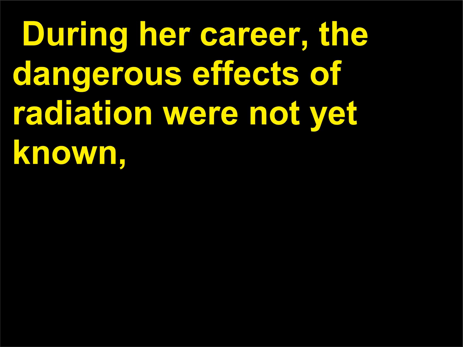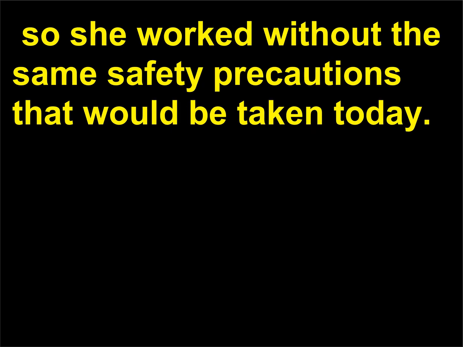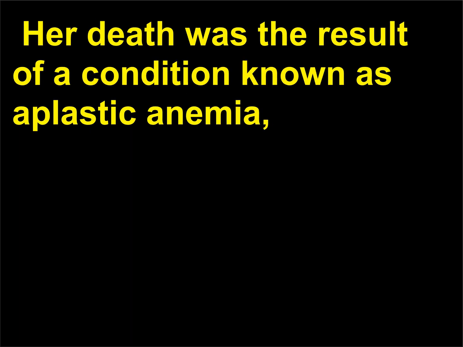During her career, the dangerous effects of radiation were not yet known. So she worked without the same safety precautions that would be taken today. Her death was the result of a condition known as aplastic anemia, brought on by her prolonged exposure to radiation in the laboratory.